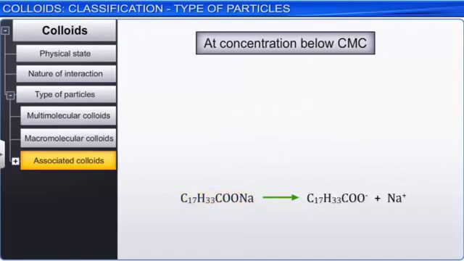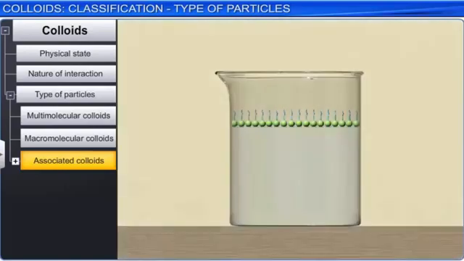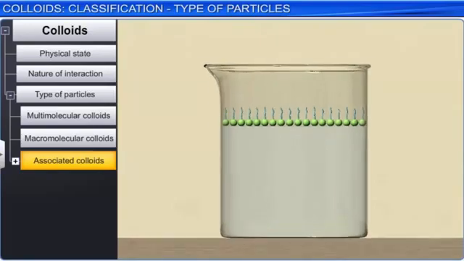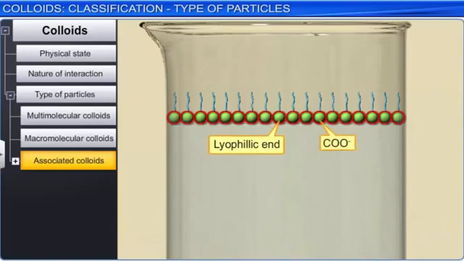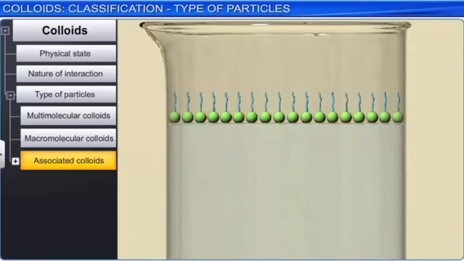These stearate ions remain on the surface of water and orient themselves in such a way that the lyophilic COO- end dips in water, while the lyophobic part, the C17H35 part, stays away from it. At the critical micelle concentration, the polar COO- part is pulled into the bulk of the solution.